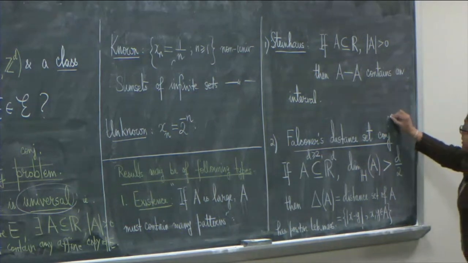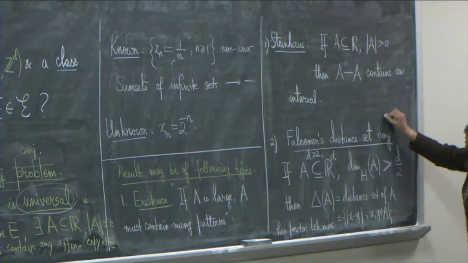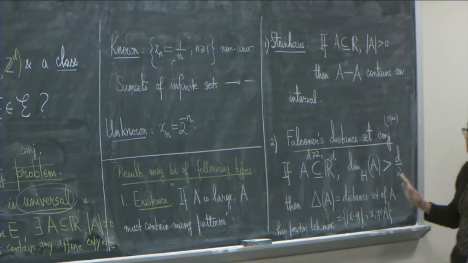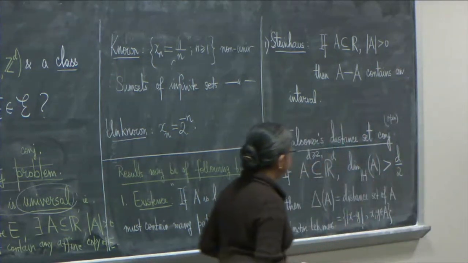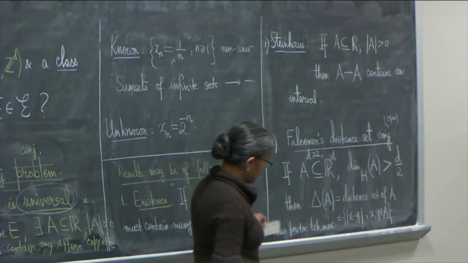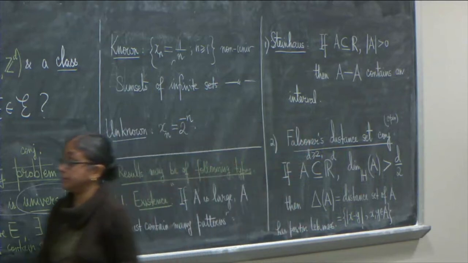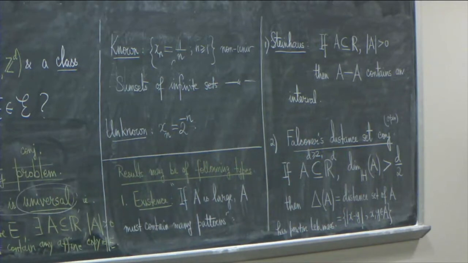This is as yet open. There have been some very recent developments, but for a long time d over 2 plus 1/3 was what was known. Even now it has come down to 1/4, but it's still open.